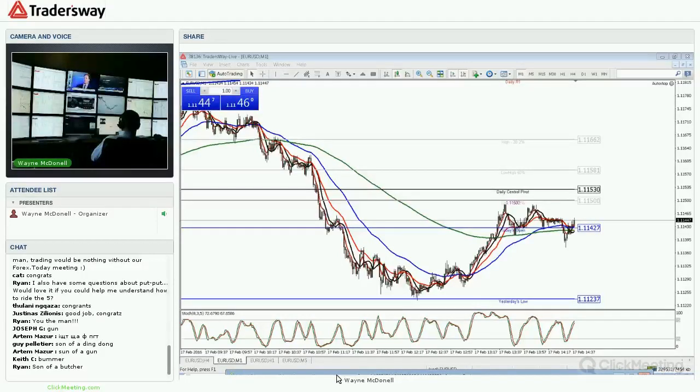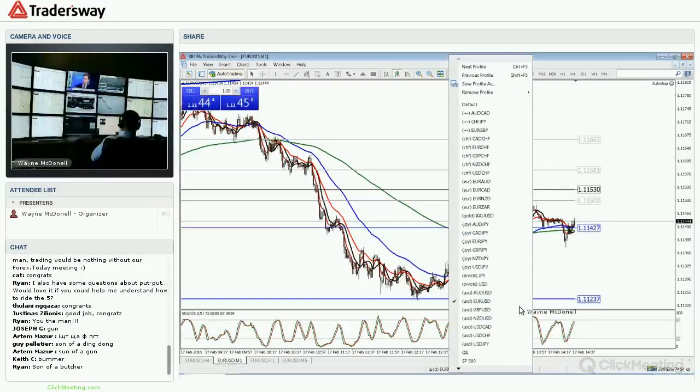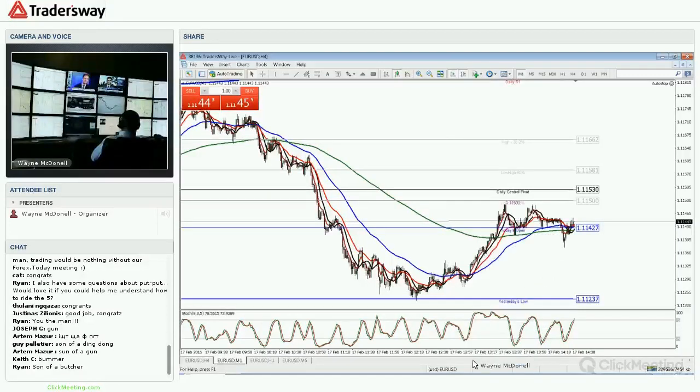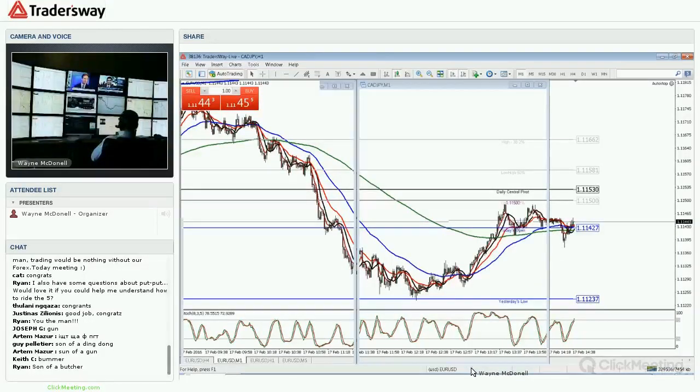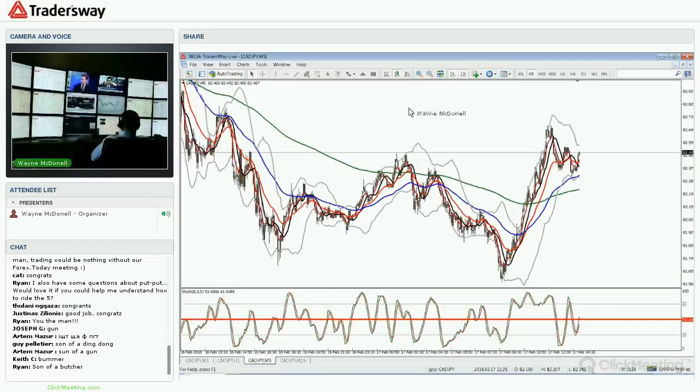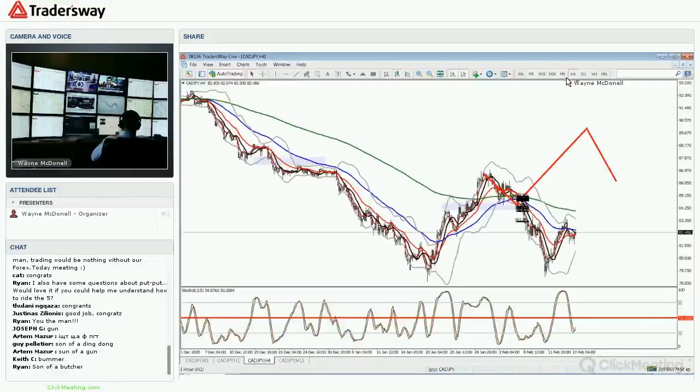So your long-term direction would be up on those pairs. Let's go to this Aussie yen. If you're building a portfolio, you're going to want to be long a lot of Japanese yen pairs, right? That's what you're telling your investors.